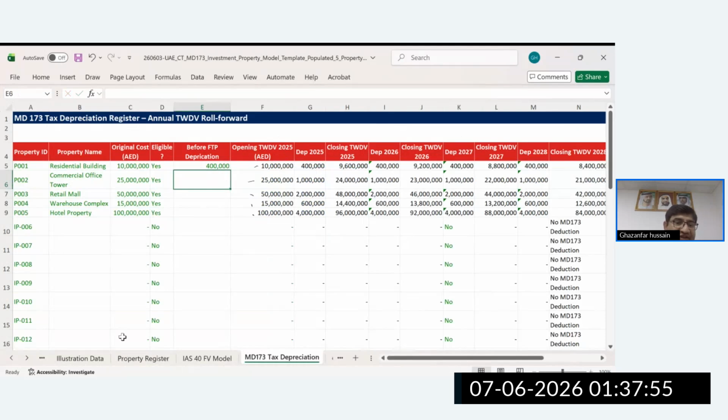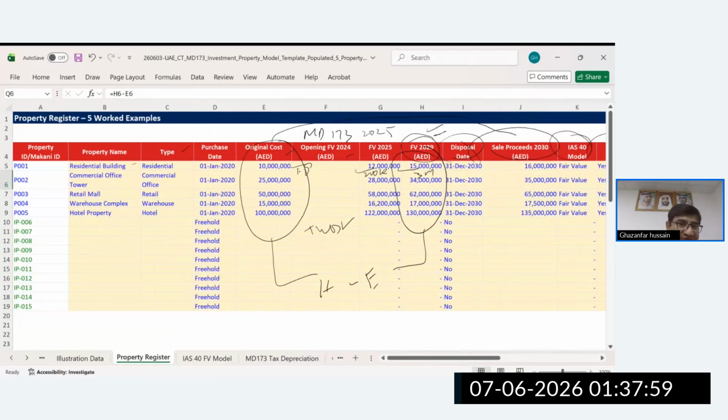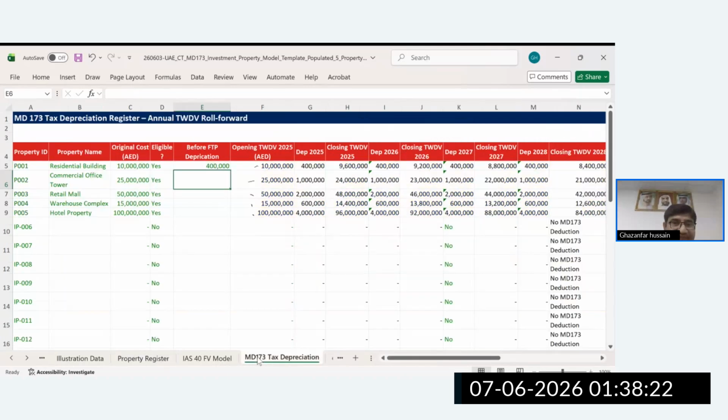What is the duration? We kept it from the same element. This is 1st January 2020, right? So if we calculate up to here, how many years? 5 years. We can count 2020, 21, 22, 23, 24: 1, 2, 3, 4, 5. So 5 years. So when we come here, what are we going to do?